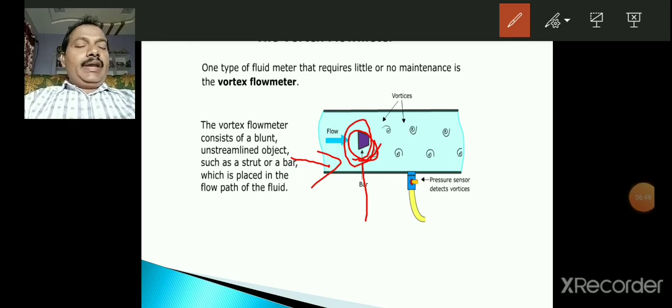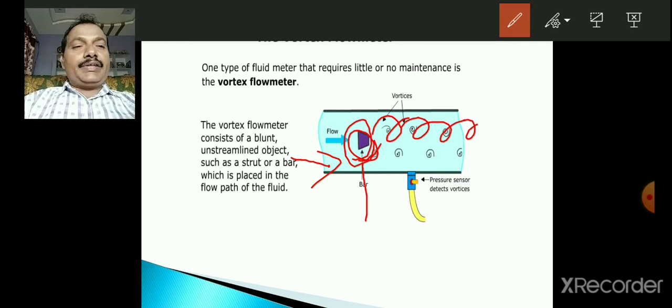If you observe here, because of this obstruction, fluid waves occur like this, from the bottom side and top side, and these are called vortices or the vortex street.